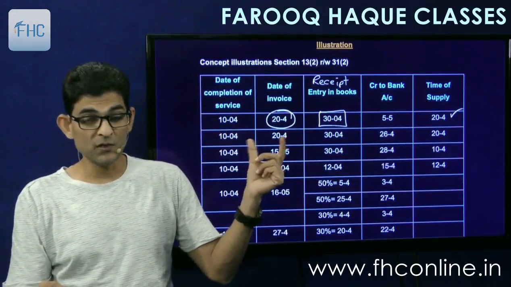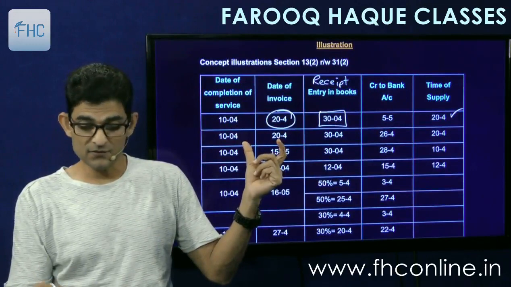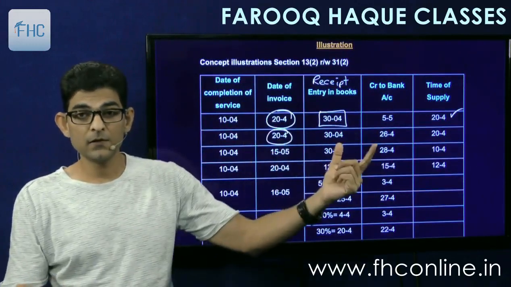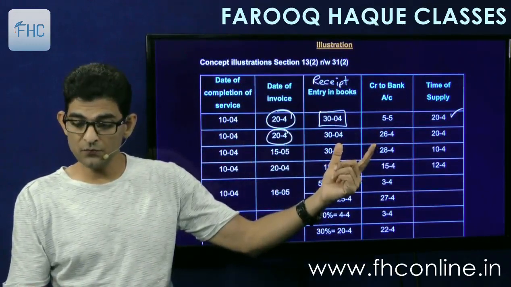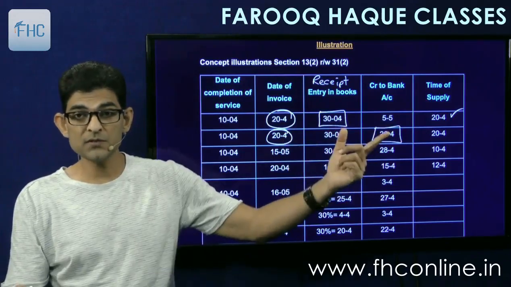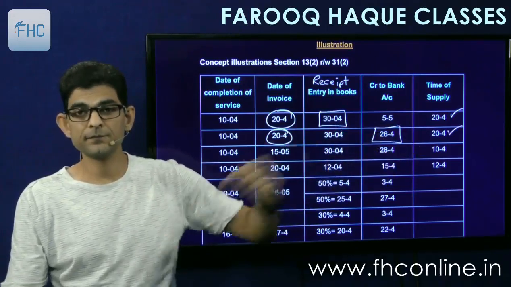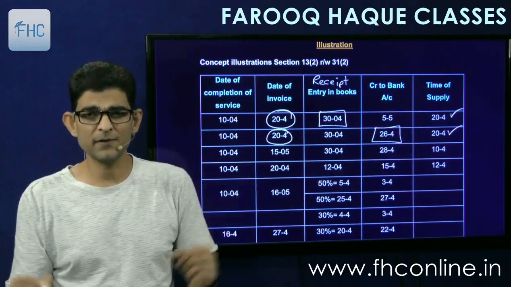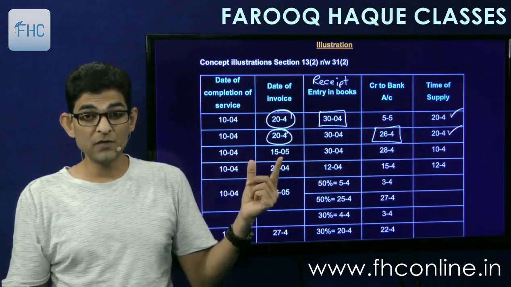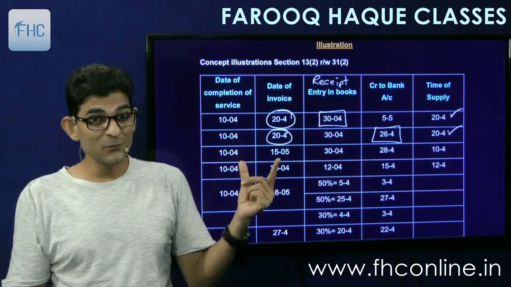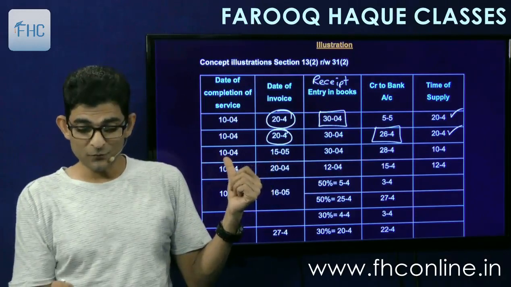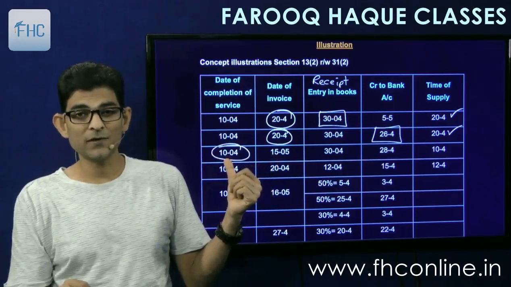Second, 10/4/24, is it within 30 days? Yes. 34 and 26/4, 26/4. 20 or 26, 20. So simple. Then 10/4/15/5, is it within 30 days? No. So then we'll take date of provision, 10/4.